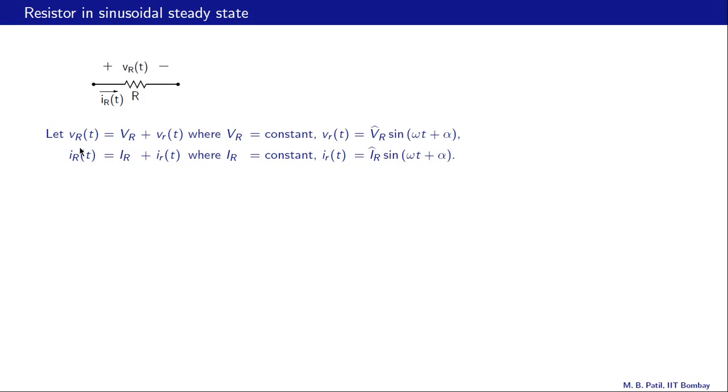Small v, capital R, is the total instantaneous voltage. Capital V, capital R, is the DC part, and small v, small r, is the sinusoidally varying part, that is given by VR cap sine omega t plus alpha. Similarly, we have the current given by a constant plus a sinusoidally varying part, and we are considering the sinusoidal steady state in a circuit, and this resistor is a part of that circuit.